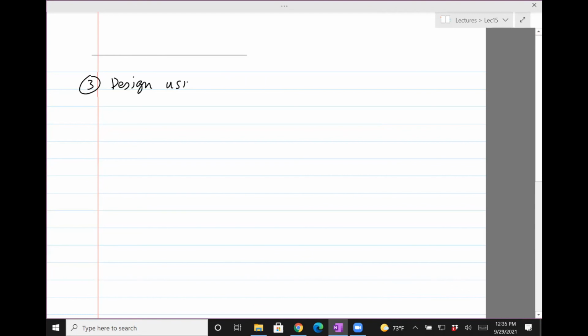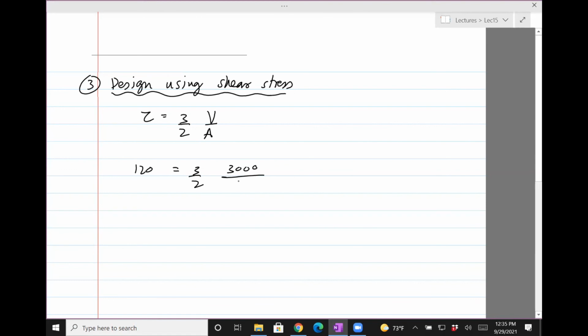Design using shear stress. So now we know that tau is 3 divided by 2 times V divided by A. And so tau is given as 120, which is now going to be our design criterion. 3 divided by 2, V is 3000, and the cross-sectional area is 3.5 times D. So it's fairly easy to solve for D. It comes out to be 10.714.